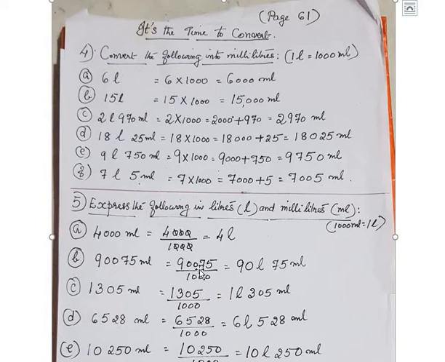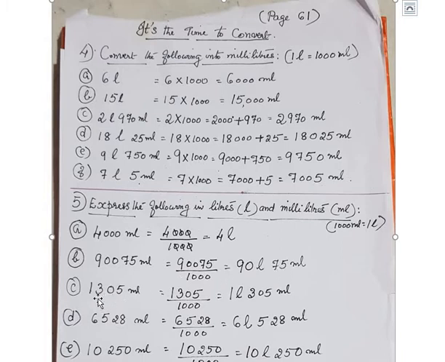Here cancellation is not possible. So remove 3 decimal places, 1, 2, 3. After 90 we put a dot. So 90.075, the answer is 90 liter 75 milliliter.